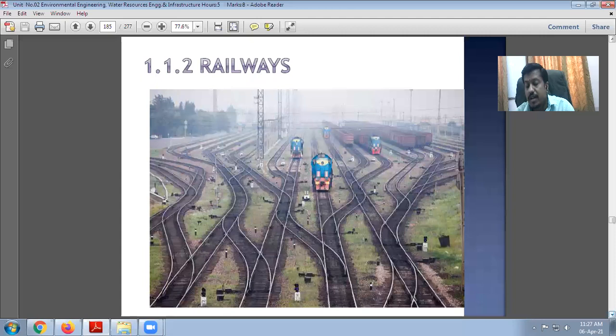But apart from it, we have another railway station. Anybody can tell me about it? The name of that railway station is Bhusawal railway station, Bhusawal junction.